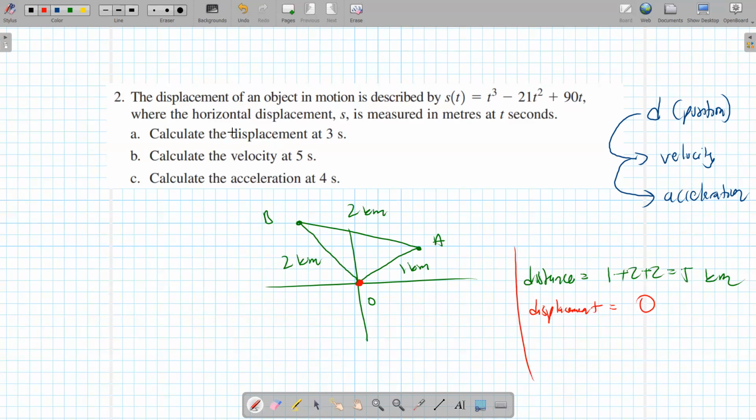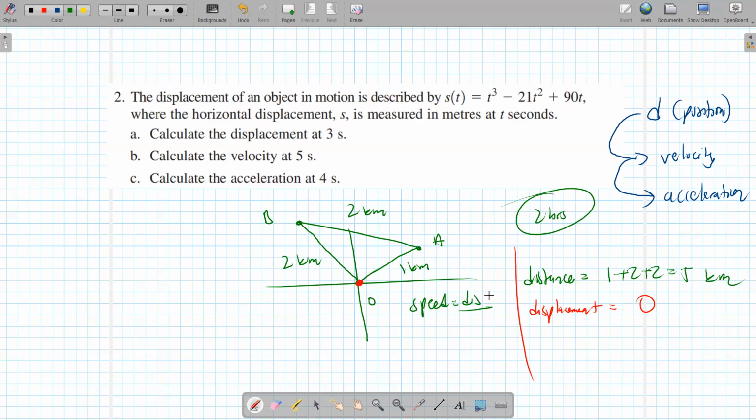Similarly, let's say this trip took you 2 hours, going from here all the way here.